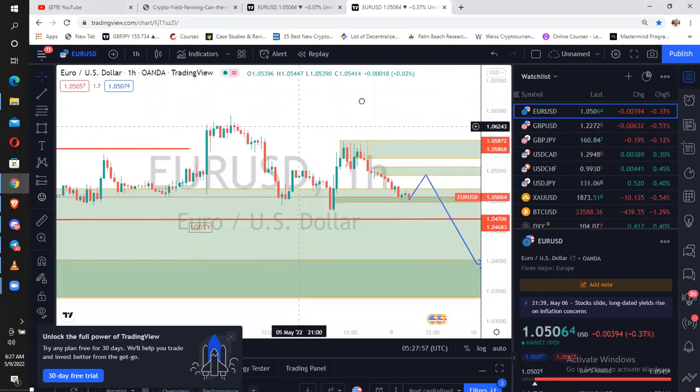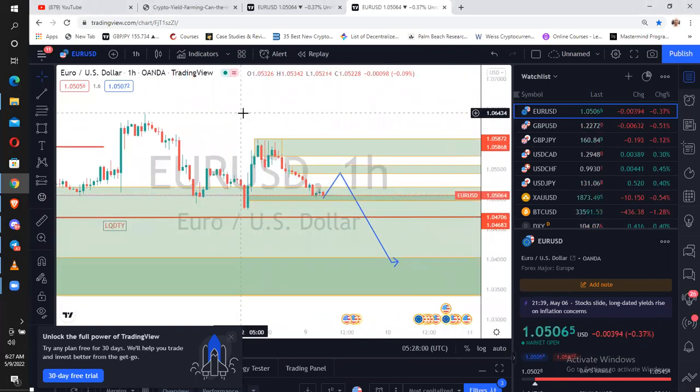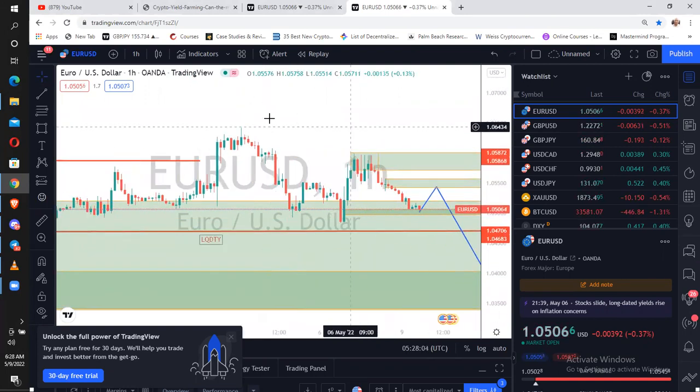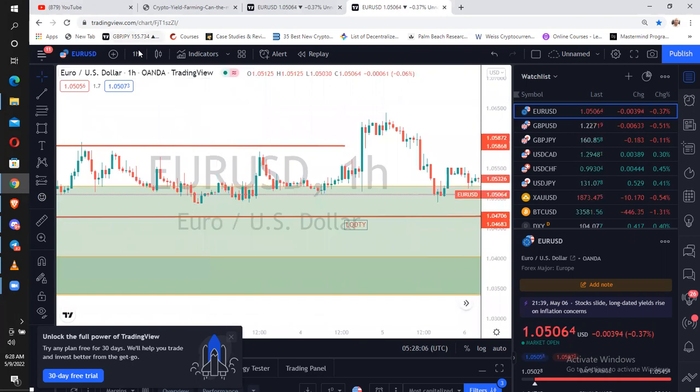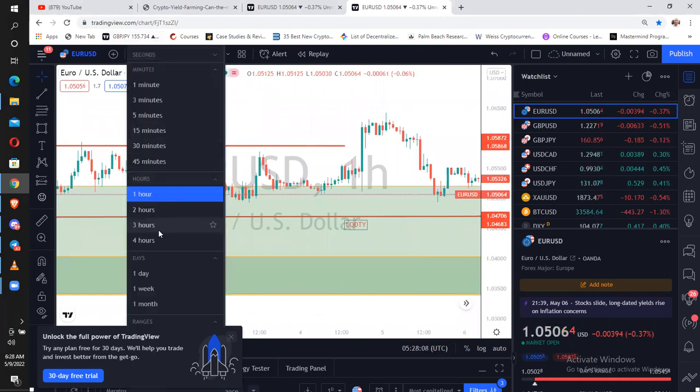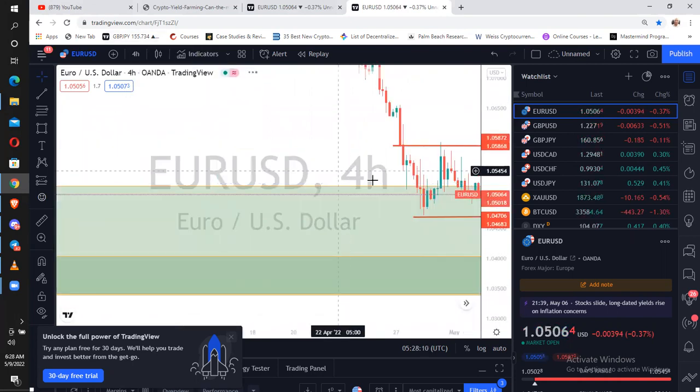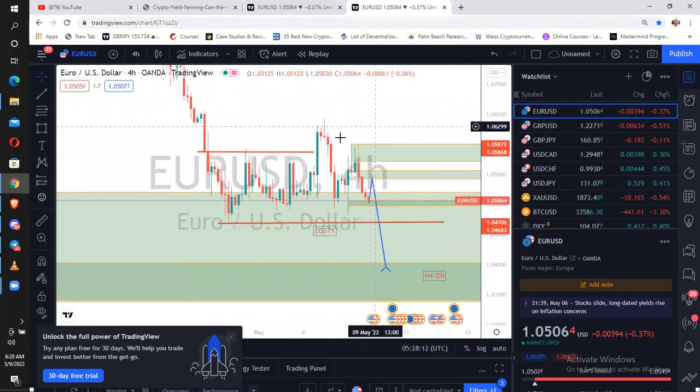What we're saying is just to guide us, bias can actually change. Bias can actually change depending on what the market brings. Now, this is what we are seeing based on this market condition now.